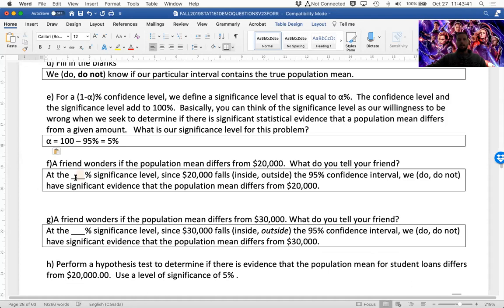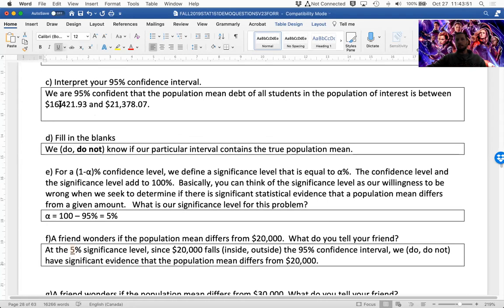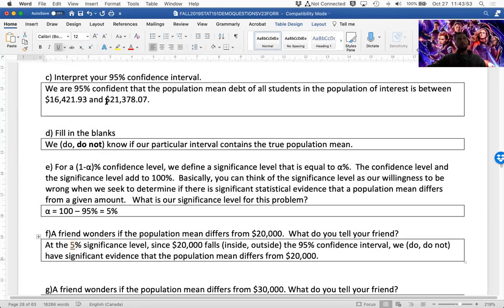Okay, a friend wonders if the mean differs from 20,000. So we're going through the same sort of process that we had before. If we look at the interval, we can see that 20,000 is contained within the bounds. So that means, again, that 20,000 is a plausible value for the true average amount of debt.